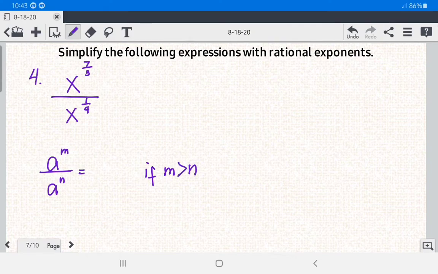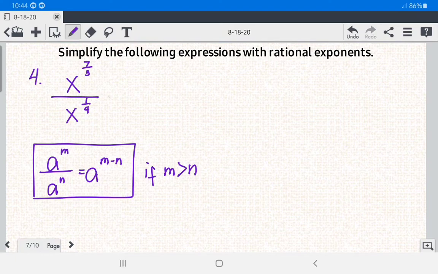You will just copy the same base, which is a, then you subtract the exponents. So, a raised to m over a raised to n is equal to a raised to m minus n. Only if m is greater than n.